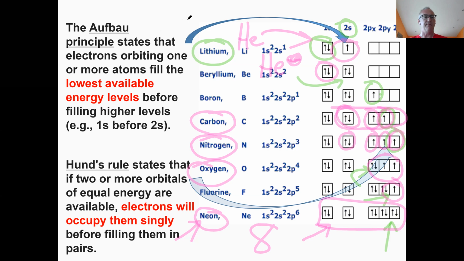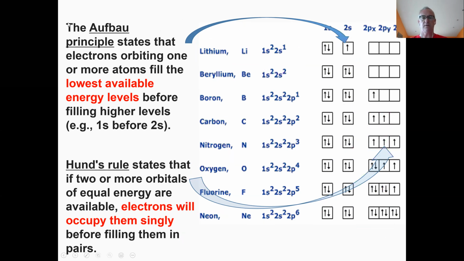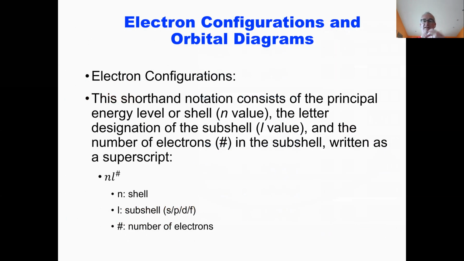So what does all this mean? Let's look at electron configurations and orbital diagrams. Like I mentioned before, the electron configuration is very simple, telling us where the electrons are.